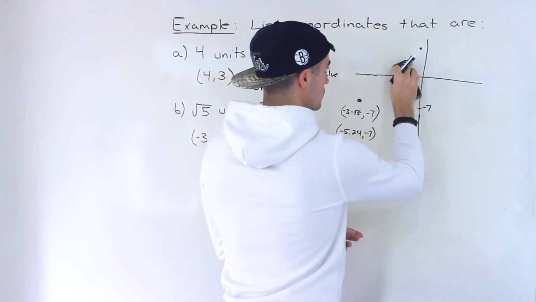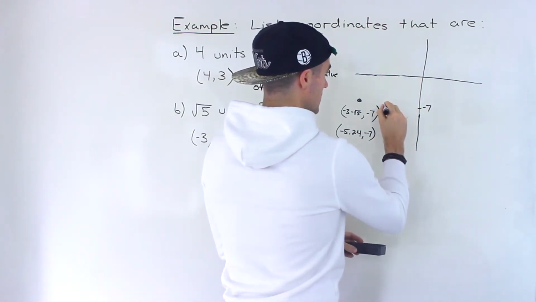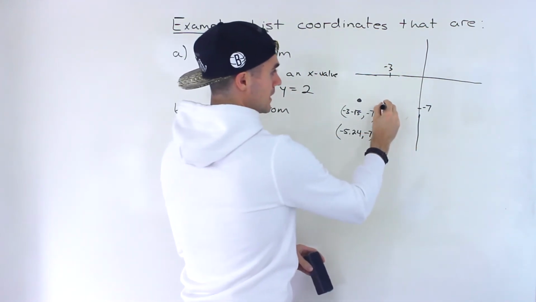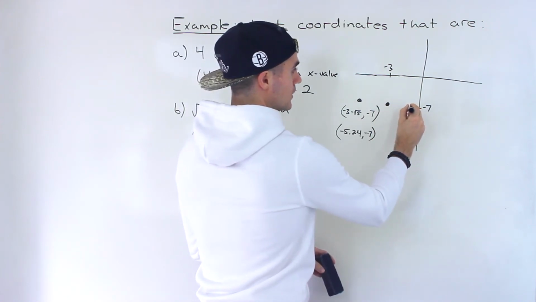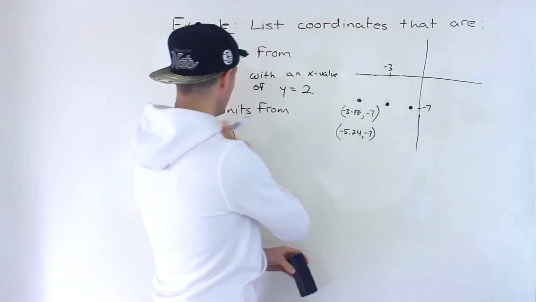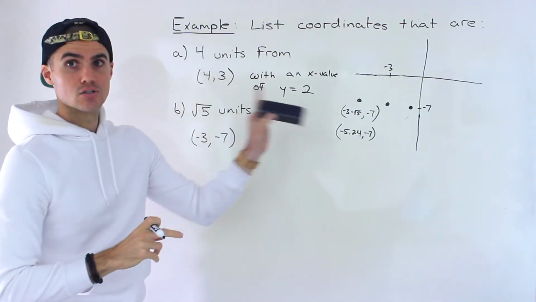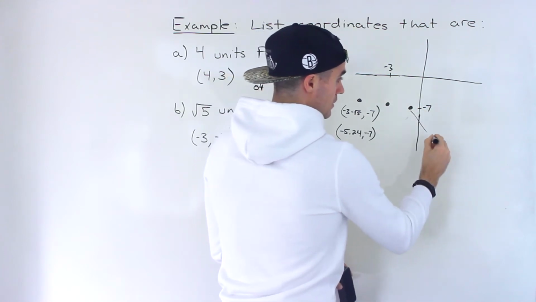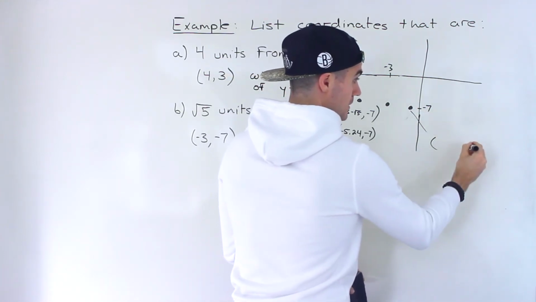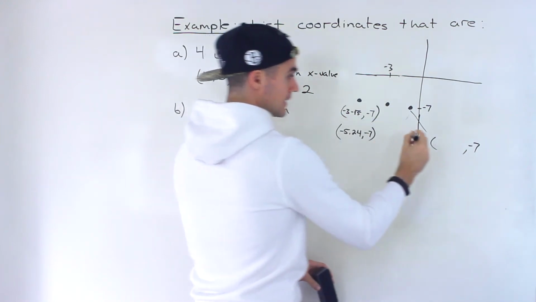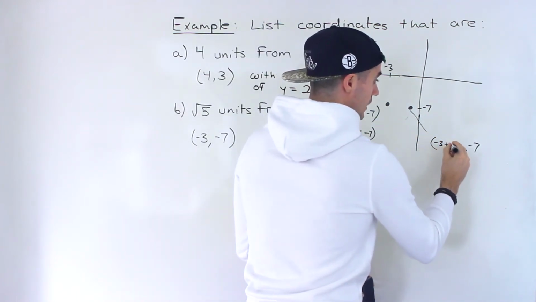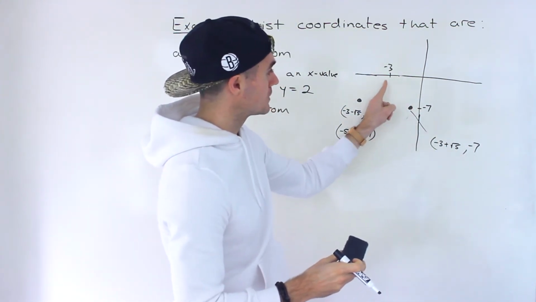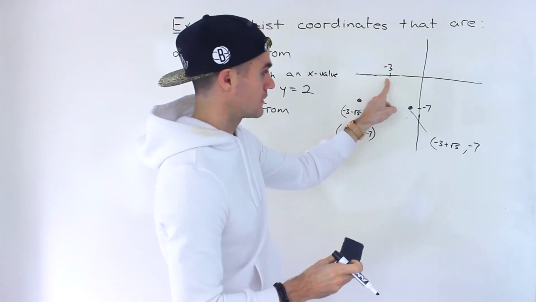I'm actually going to move this just to make it a little bit more to scale here. We can pick another point over here. We would go √5 units to the right. In this case, the y value would still be -7, but now it's -3 plus √5, because we're adding √5 units to the x value of -3.